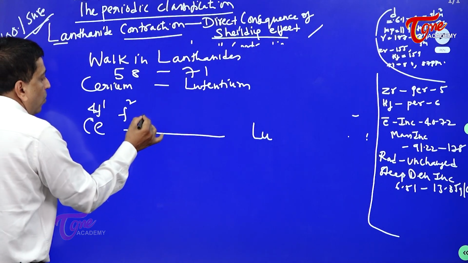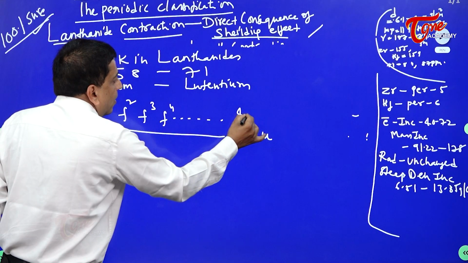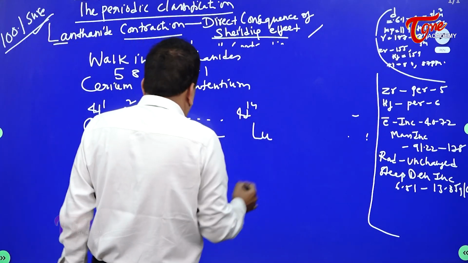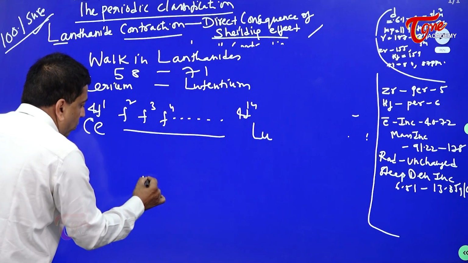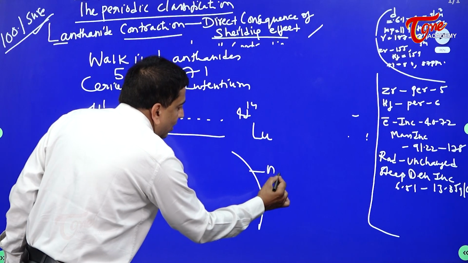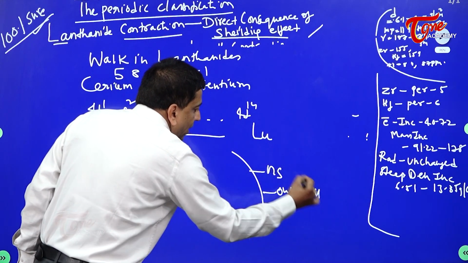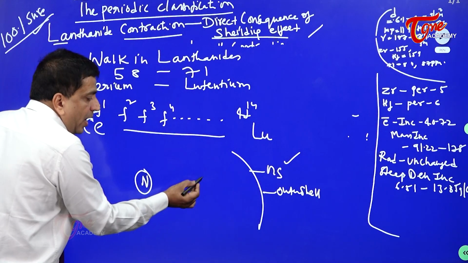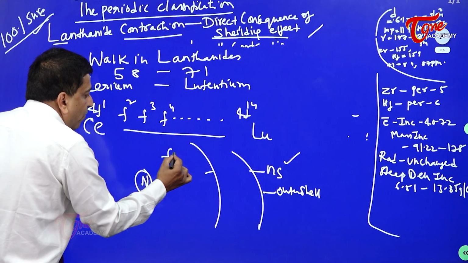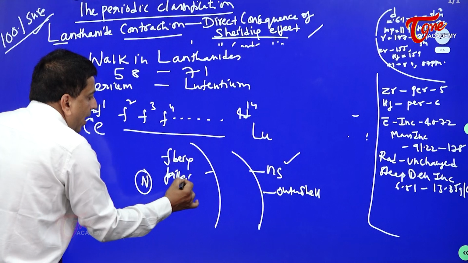This is F2, F3, F4, and like that F14. Here is the nucleus. This is the ultimate shell, that is NS. This is the outer shell. In between, you have this F subshell, F being filled.